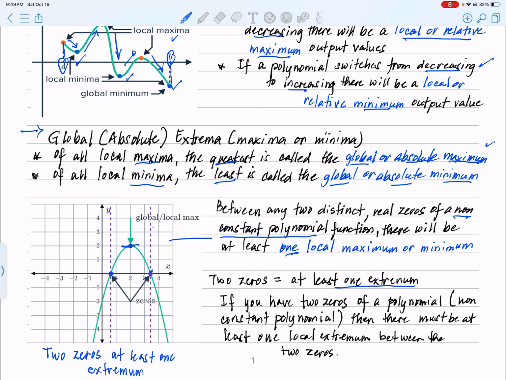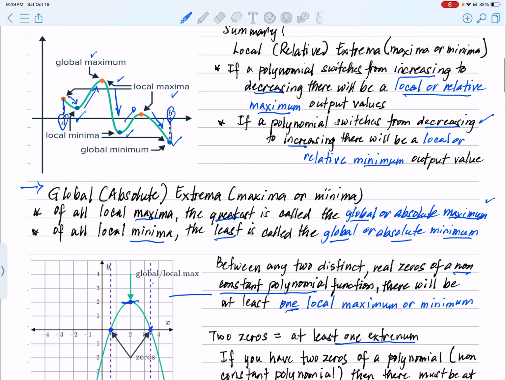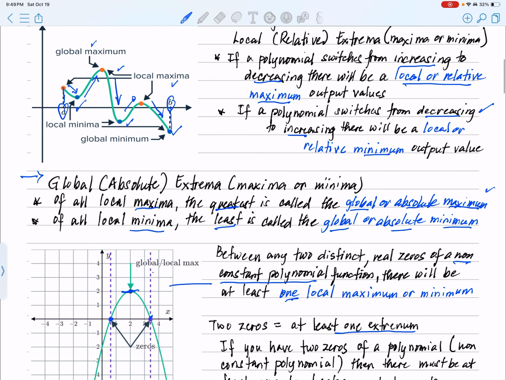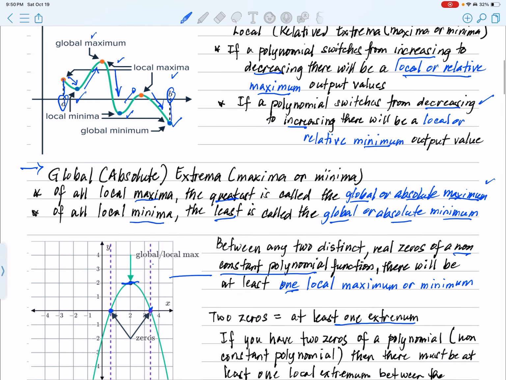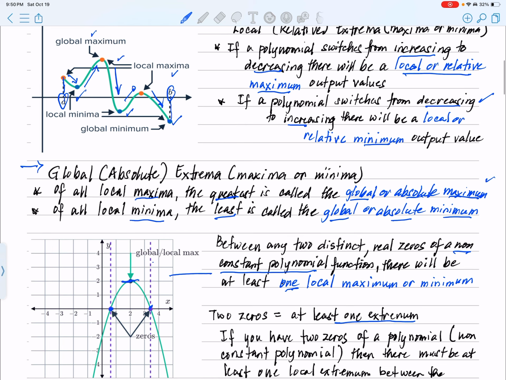Take note: global, absolute, local, relative. Those are the other terms, because sometimes the question is asking for relative, which means it's talking about the local extrema. When it's talking about absolute, it's talking about the global extrema.